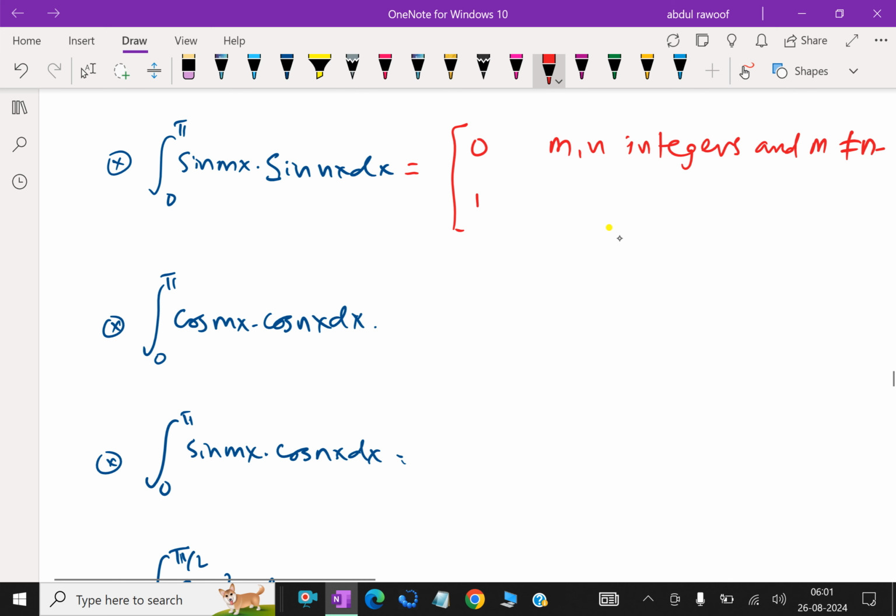Second, it is pi by 2, where m and n are integers and m equals n. If both m and n are equal, then this is pi by 2. If m and n are not equal, it is 0.